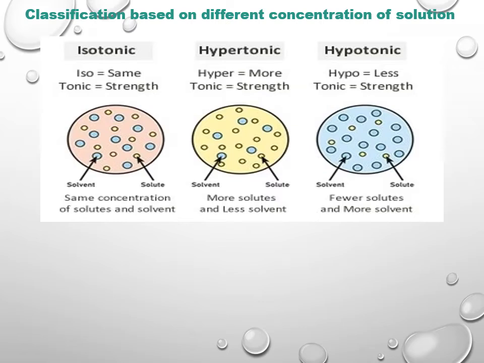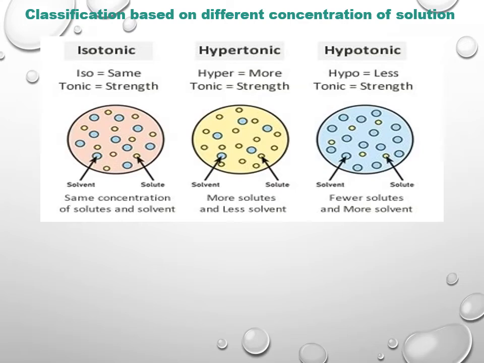Hyper means more. So here we are talking in terms of more amount of solute. If you have more solute and less solvent, you say it is a hypertonic solution. And similarly hypotonic, hypo means less. So when you have less solute as compared to solvent, you say the solution is hypotonic.